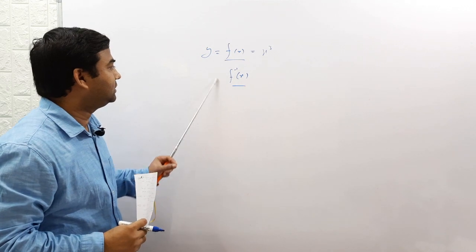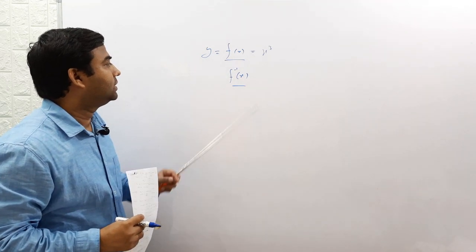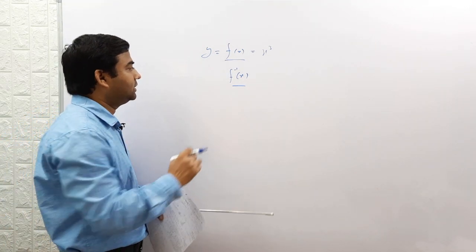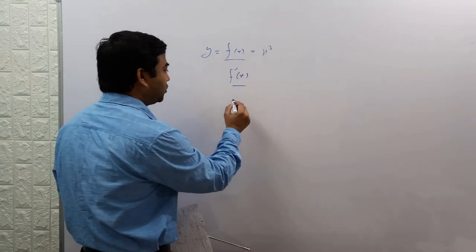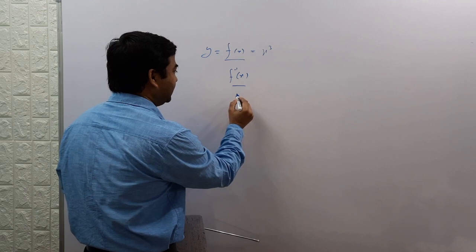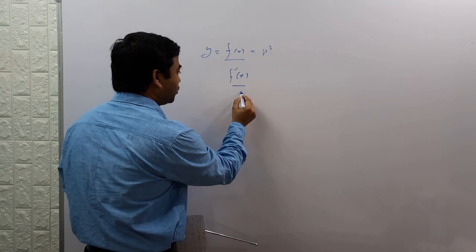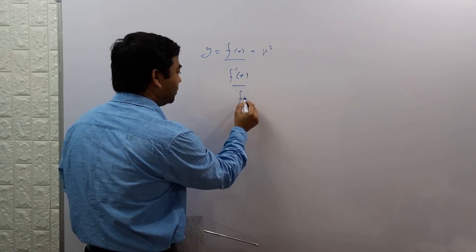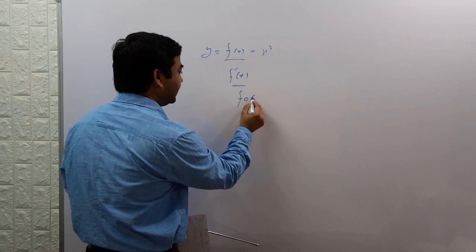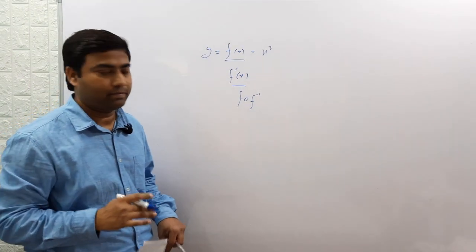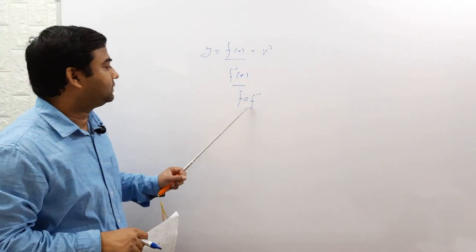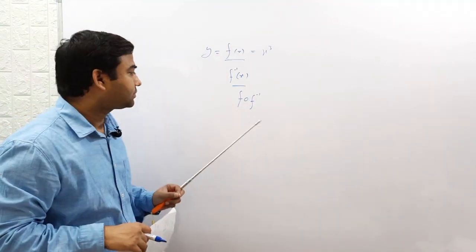It is represented with the symbol inverse like this, and f inverse x has the property such that the composite function of f inverse with the original function f, see, this is the composite function which we have discussed.